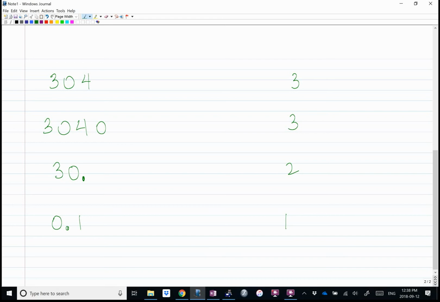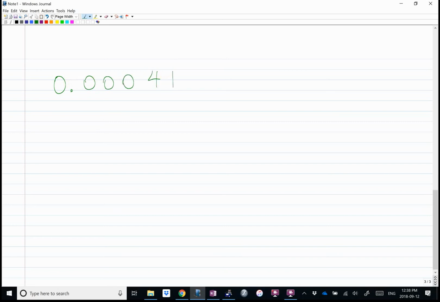1 sig fig. 1 sig fig. Guess? That's 2 sig figs because the 4 and the 1 are significant. 3 sig figs because zeros in the middle count.